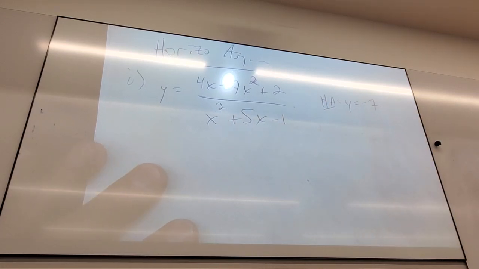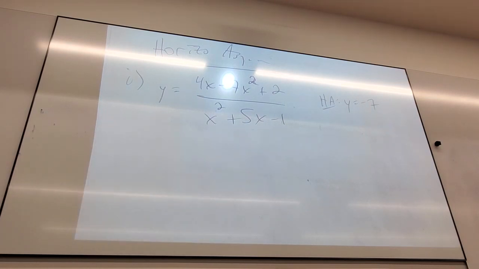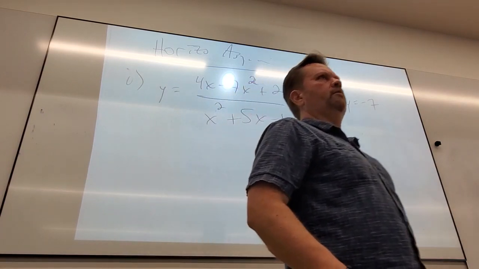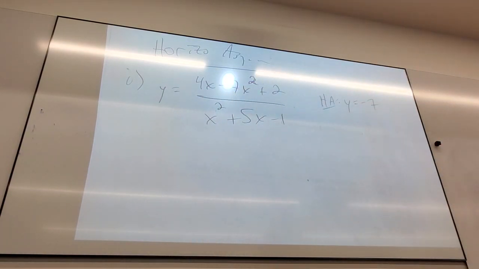Because that's a coefficient. Why is the asymptote not 0 or infinity? Why is it a constant? What situation am I in? What do I always look at? Same degree on top and on the bottom. Good. When they're the same degree, the asymptote is the ratio of the coefficients of the highest degree terms, right? And then we looked at several reasons why that's true. So when they're the same degree, the horizontal asymptote is a nice flat line.